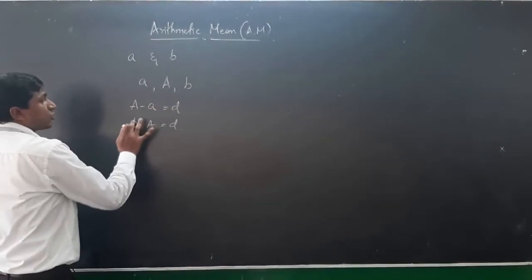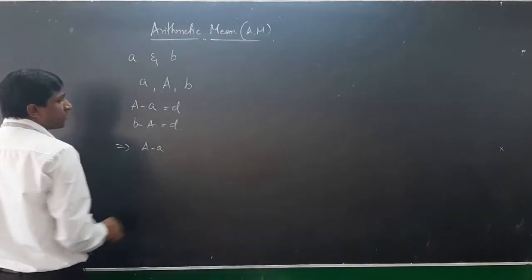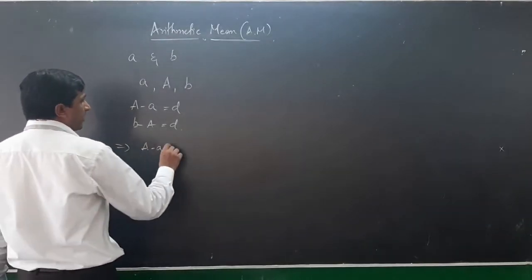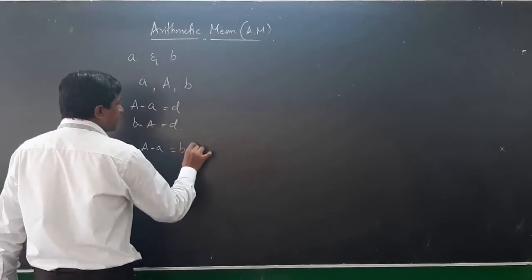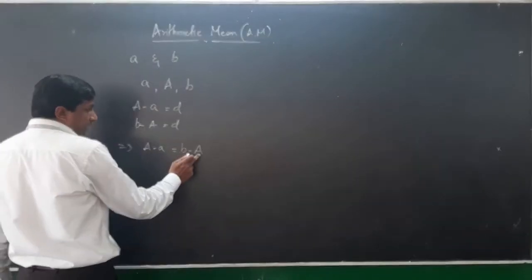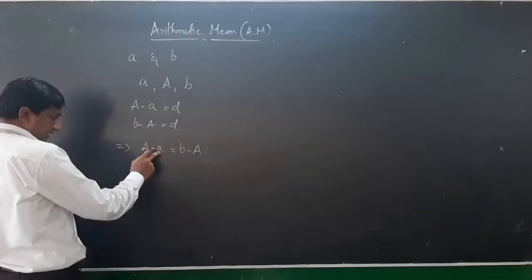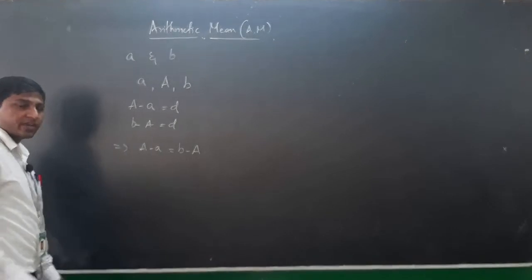Since these are both one and the same number, we can equate the LHS. Equating the LHS, what do we get? Capital A minus small a equals b minus capital A. I take minus capital A on the LHS, minus small a on the RHS.